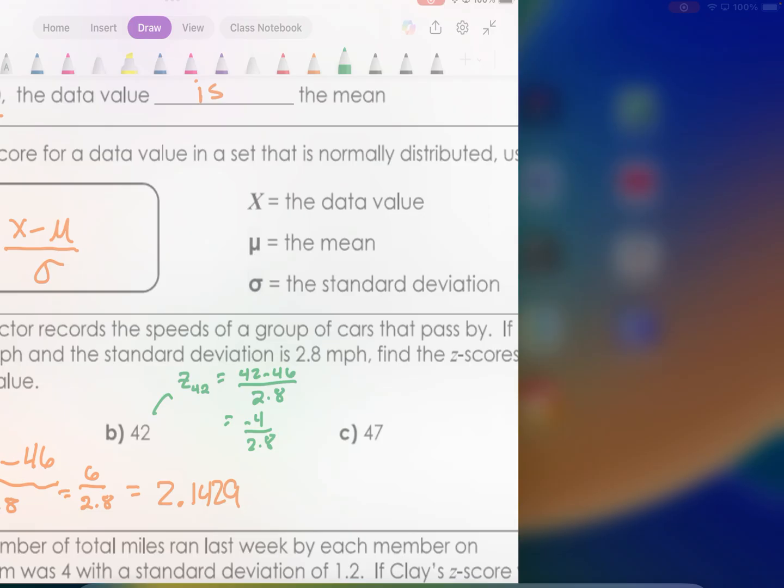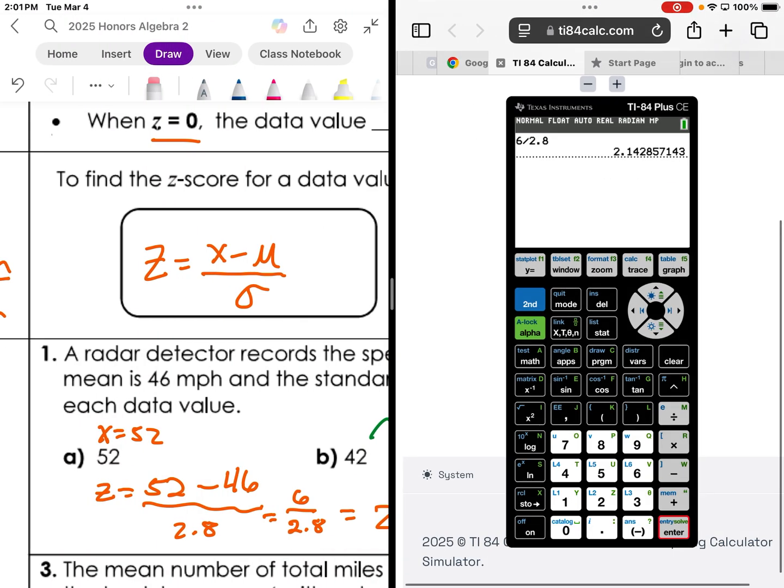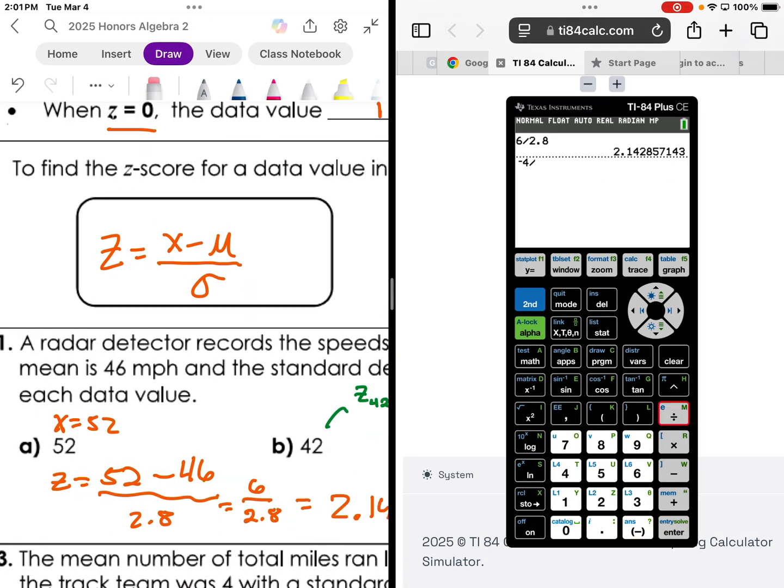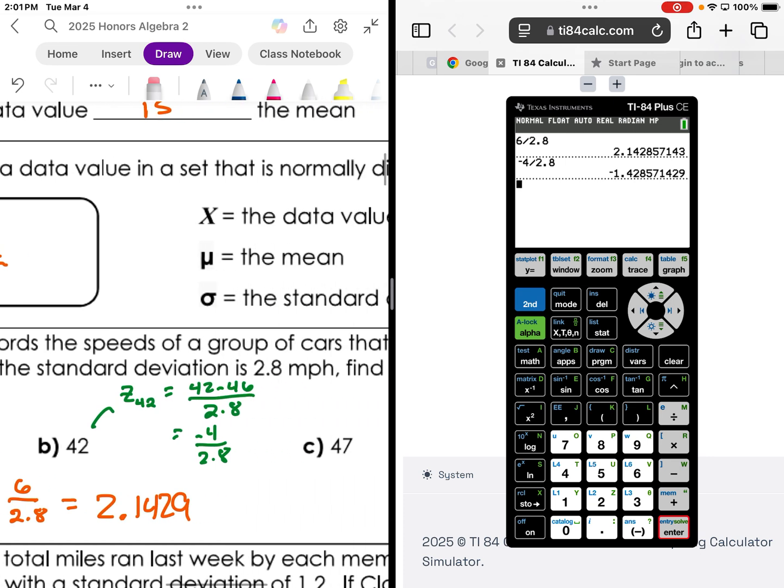And so back to my handy-dandy little calculator. Negative 4 divided by 2.8 gives me a z-score of negative 1.4286.